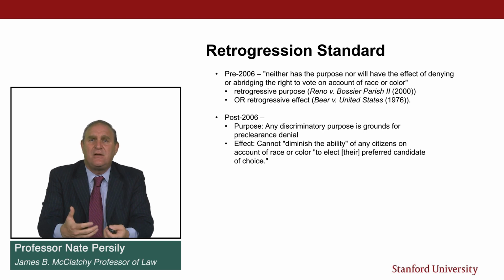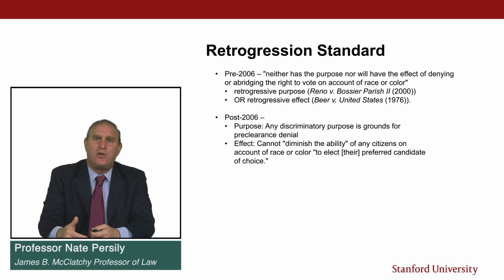But the basic rule throughout most of the history of Section 5 of the Voting Rights Act was that you cannot retrogress. The law cannot make minorities worse off. It's not about discrimination against some ideal standard of racial equality. It's about whether the law changes the status quo so as to make minorities worse off.